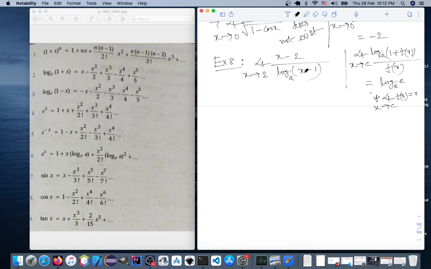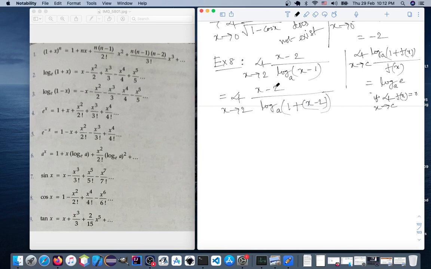So we can write x minus 1 in the form of 1 plus f(x). x minus 1 is equal to 1 plus (x minus 2), and now we see that we have this x minus 2 and also this x minus 2.